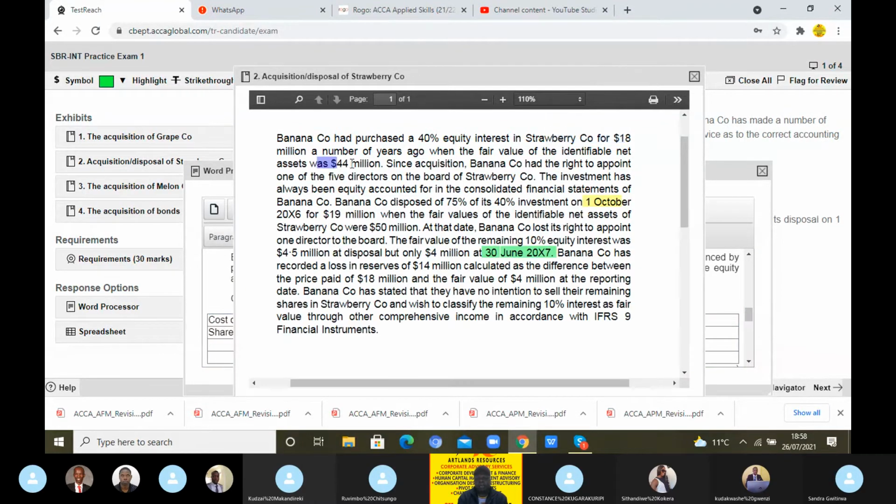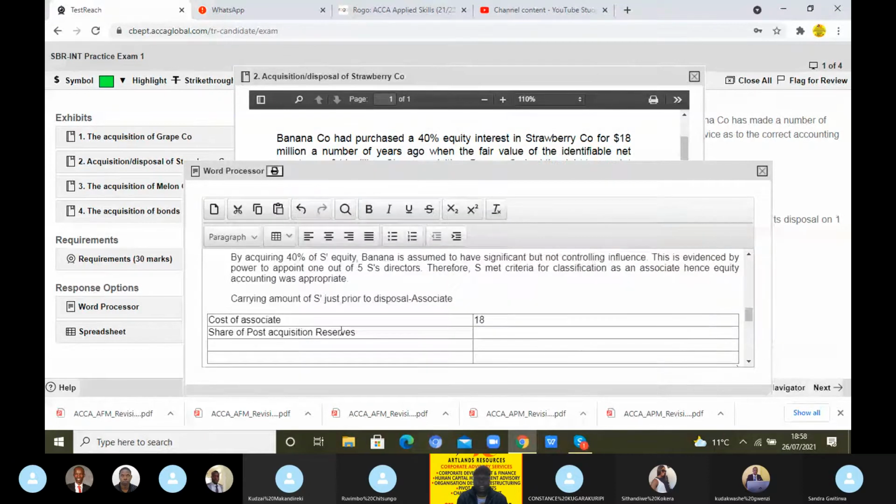Now, the reserves were 44 million at the date of acquisition, but they are now 50 million at the date of disposal, and we own 40% of this. So it's a matter of saying here, open brackets and say 40% times, they increased by, 40% times 50 minus 44.